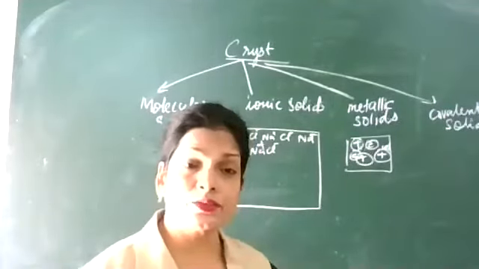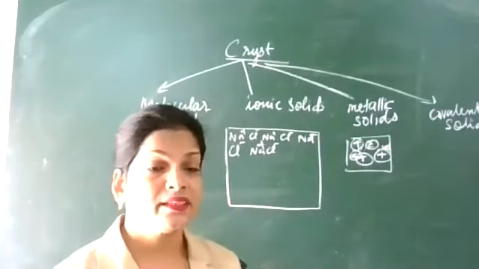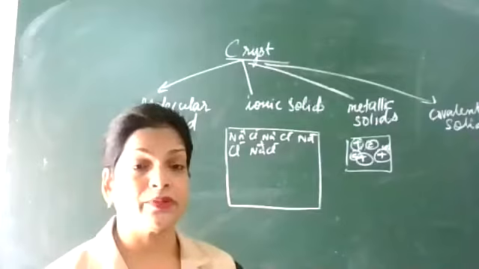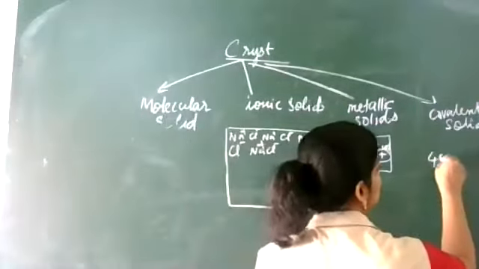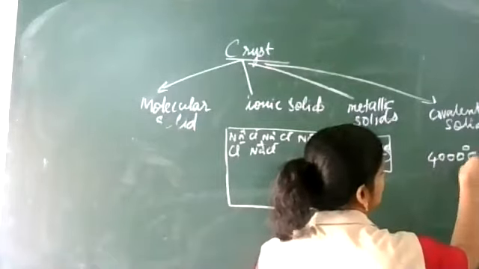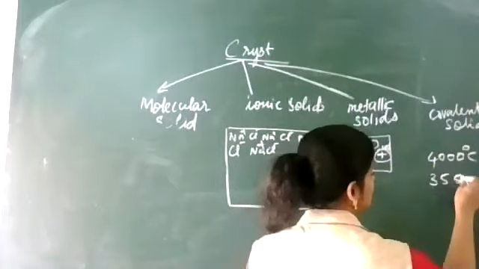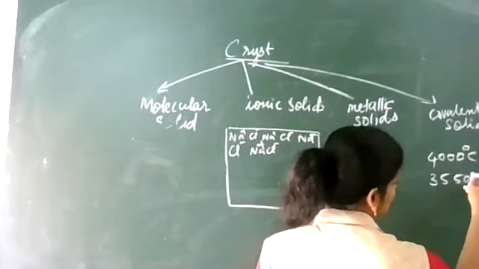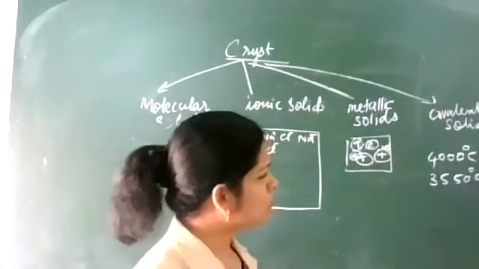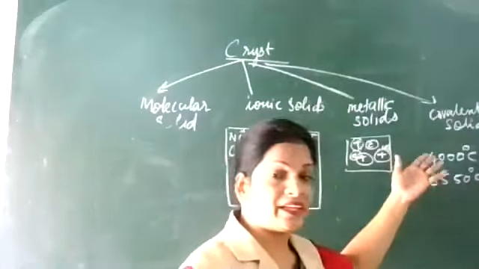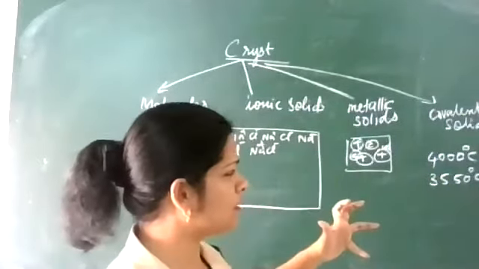These atoms are connected through covalent bonding in a tetrahedral way, and due to their structure, they have a very high melting point, like 4000 degrees Celsius, 3000. Diamond has a melting point of about 4550. So their melting points vary in this range. Covalent bonds hold the atoms together.